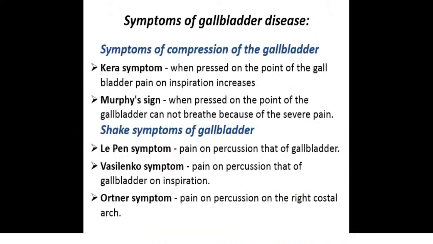If we do physical examination and palpation of the abdomen, we can see many symptoms. The first symptoms are connected with compression of the gallbladder. The first is Kehr's symptom: when pressed on the point of the gallbladder, pain on inspiration increases at this point. And Murphy's sign: when pressed on the point of the gallbladder, the patient cannot breathe because of severe pain.